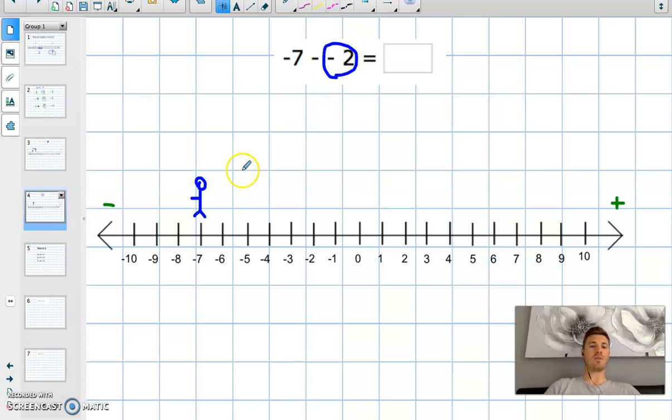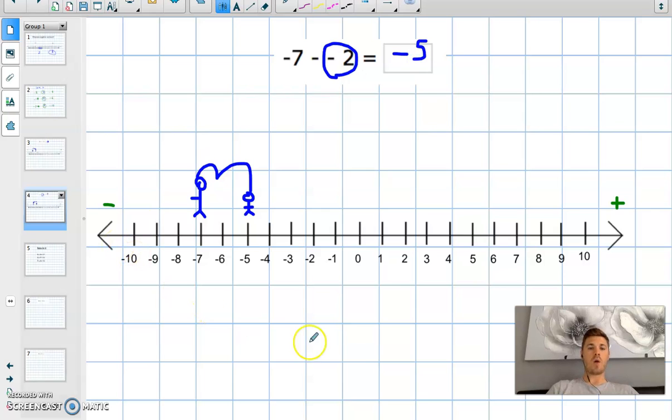Well, it's negative. So I know that when I am subtracting a number, I move back. So I'm going to move back 2, -2. 1, 2. And I draw my man on the new number that I've landed on the number line, which is -5. So -7 minus -2 is -5.